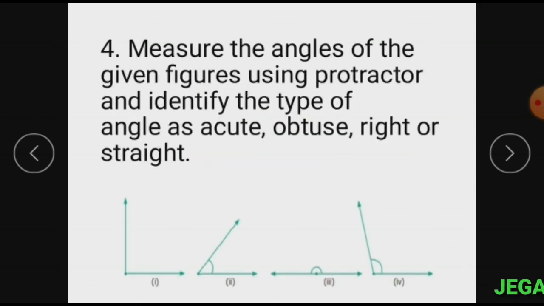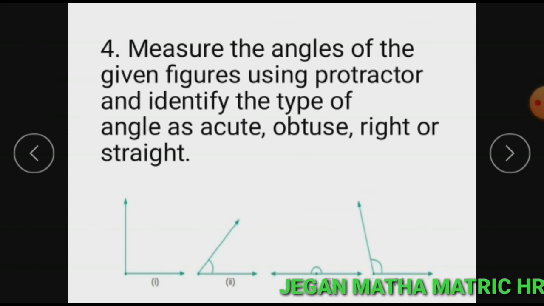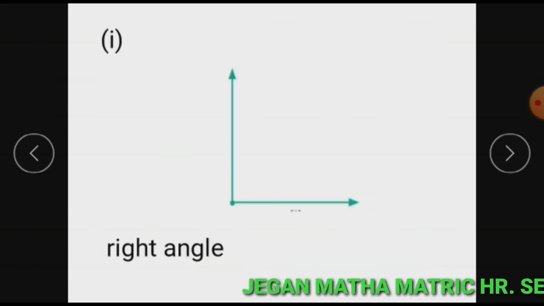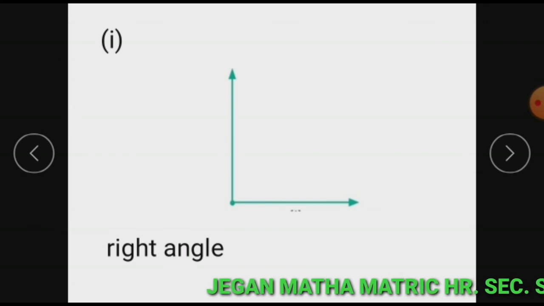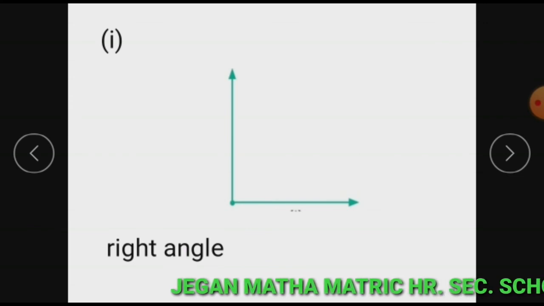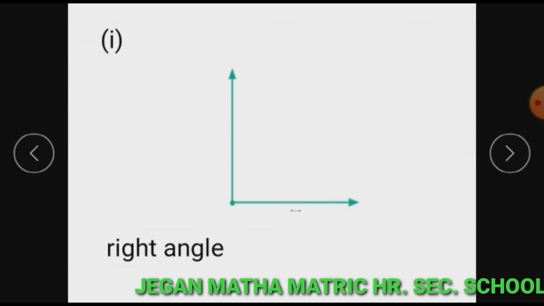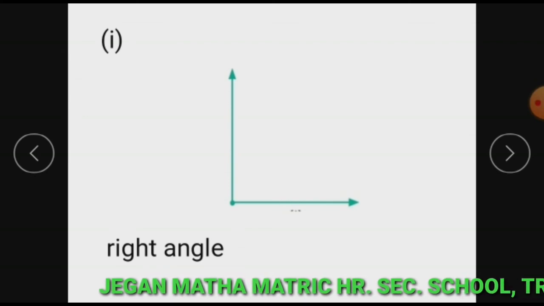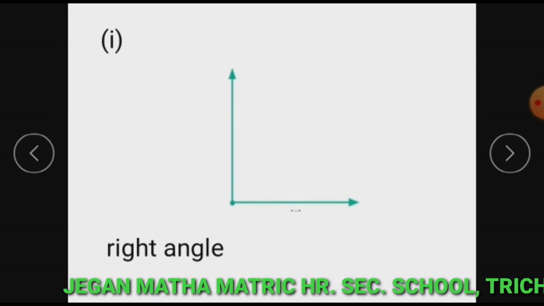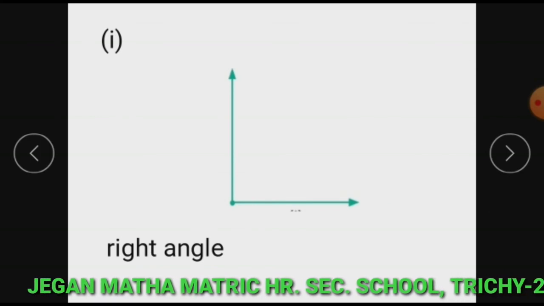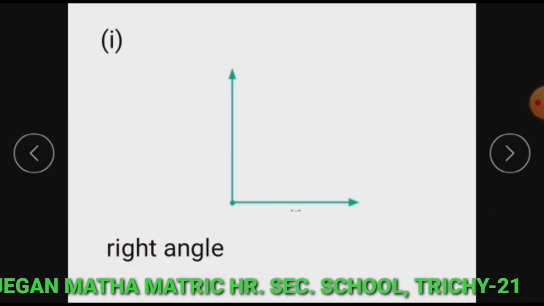Question number 4. Measure the angles of the given figures using a protractor and identify the type of angle as acute, obtuse, right or straight angles. Question number 1. The angle of the given figure is equal to 90 degrees. 90 degrees is known as a right angle.